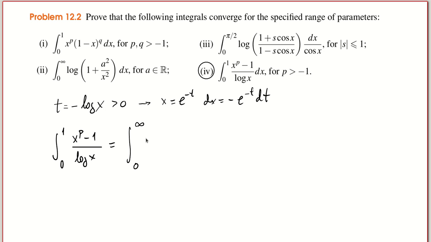Then we have this exponential, e to the minus t, and then we have to substitute here. So we have x, which is e to the minus pt, minus 1, divided by minus t, times the minus e to the minus t dt. If we write this a little bit more easily, we multiply the two exponentials, and then we have 1 plus p times t, right?